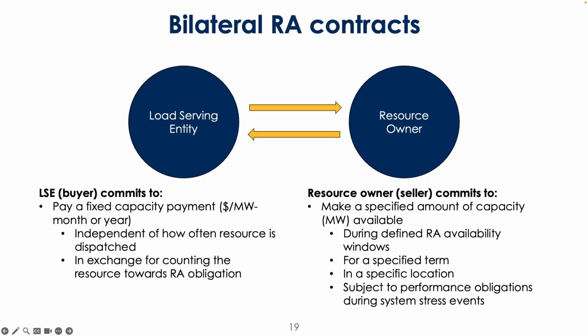Irrespective of the energy production. This is defined during specific windows, and so your RA at different times and locations might be more specific depending on the grid needs. Yeah, and subject to performance obligations during system stress events.